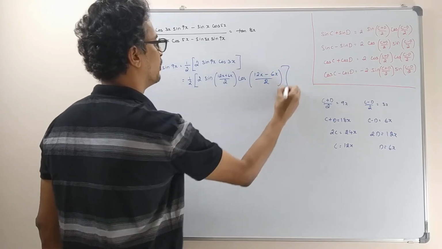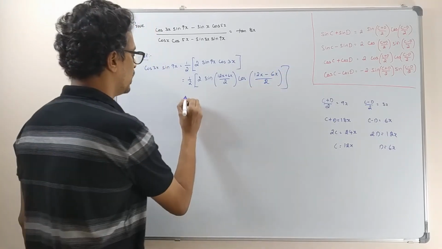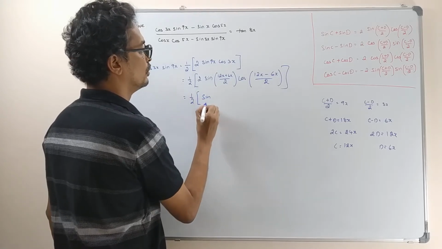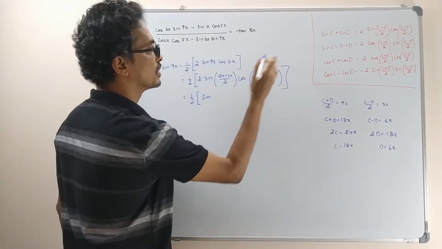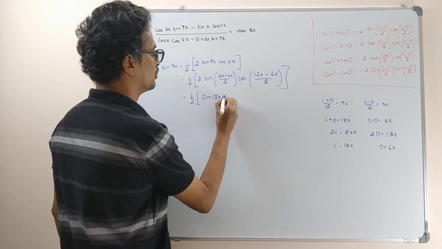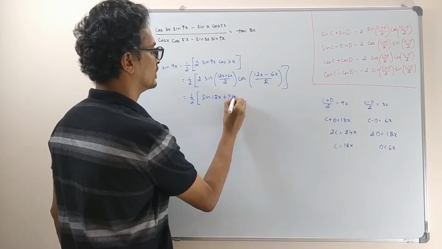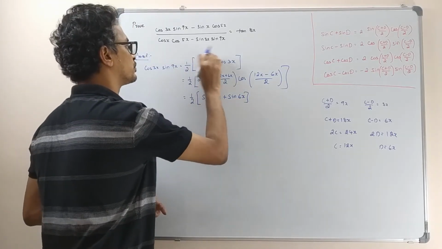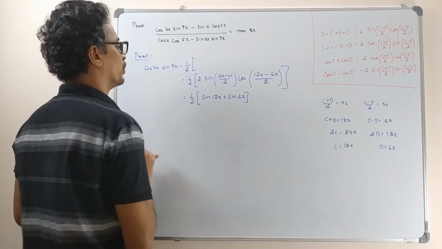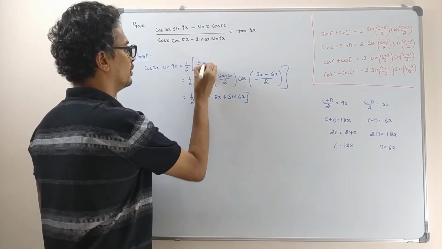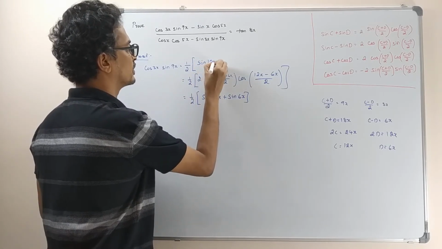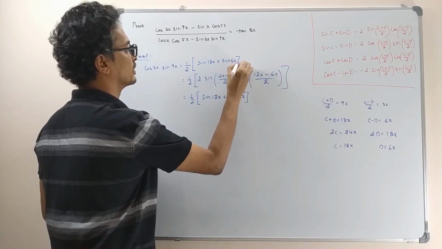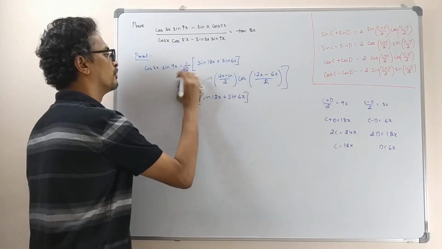So this will be equal to half of sin 12x plus sin 6x. So we will write it here: half of (sin 12x plus sin 6x). Okay, the first term we got.